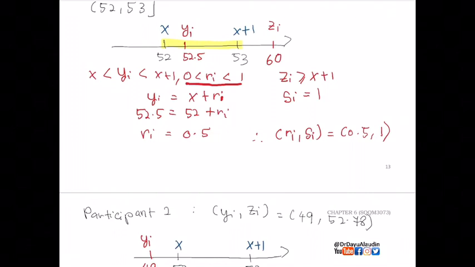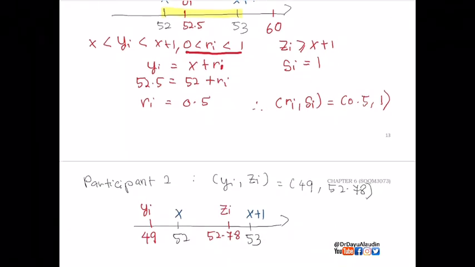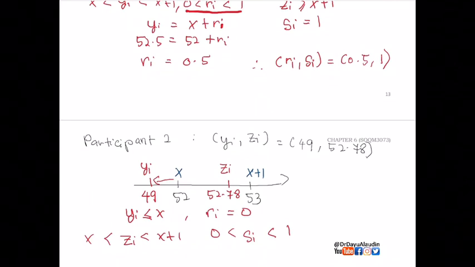So Zi is 52.78, somewhere here. So Yi is before the x. So Yi less or equal to x, then Ri becomes 0, and Zi is between x and x plus 1. So Si will be between 0 and 1.